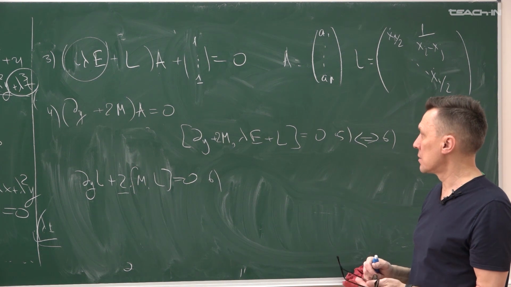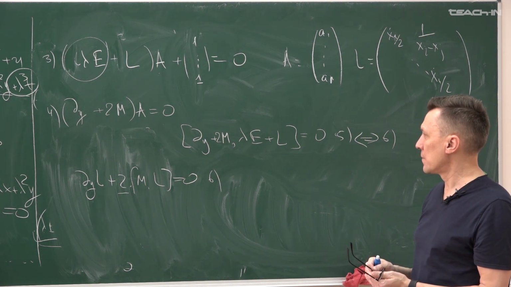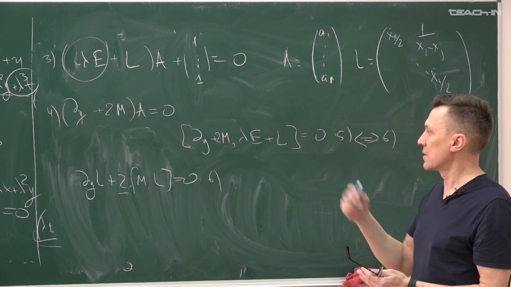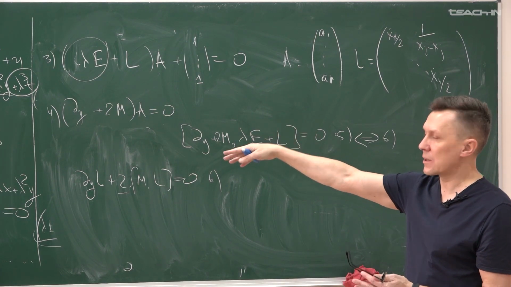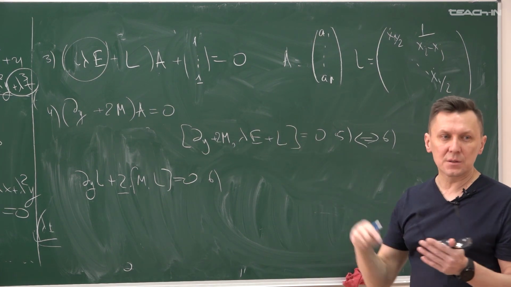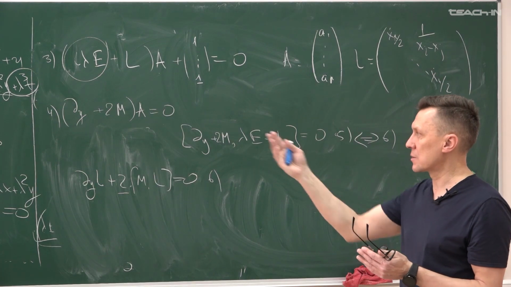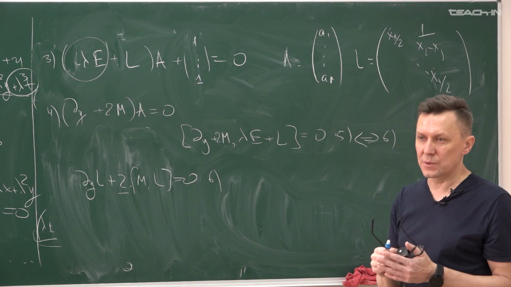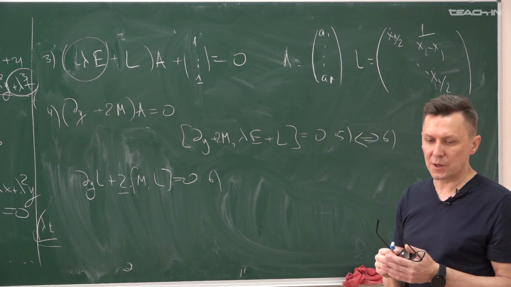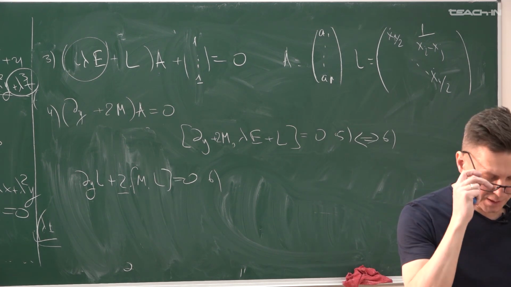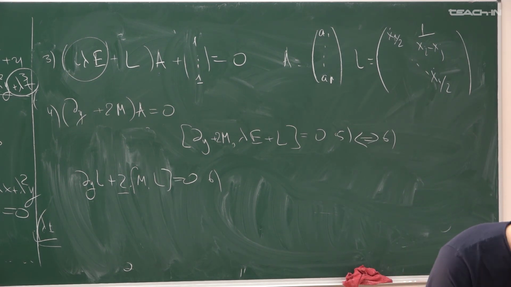Okay. And the next step is about the second equation in the zero curvature condition, which is equivalent to the KP equation. Okay? So we finished this part.